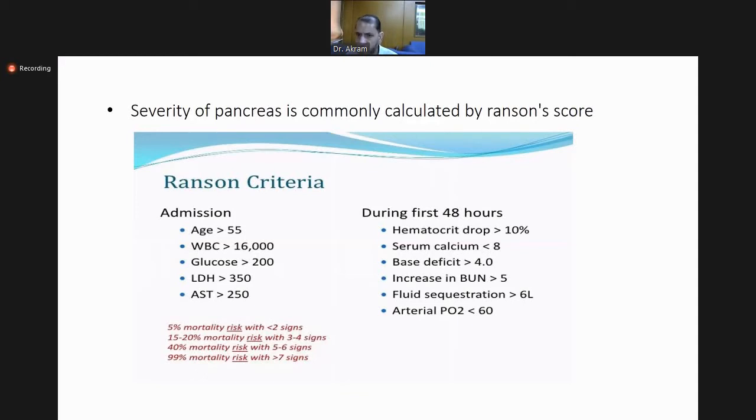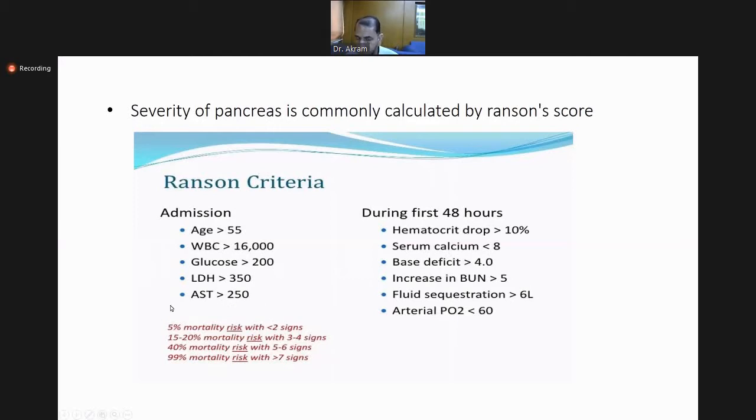More than one system involved, two systems involved, and the patient cannot be reversed. So this is one of the criteria by which you assess the severity of pancreatitis. You need to memorize and interpret this.